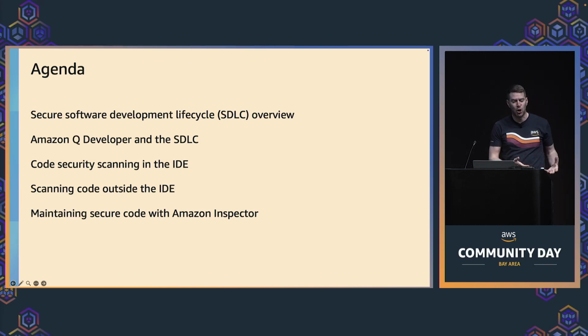Look at some code security scanning, both within the IDE and outside of the IDE. And as we move code from development and into our CI systems, and then finally into production. And finally, I want to talk about maintaining secure code with Inspector after deployment actually has happened.